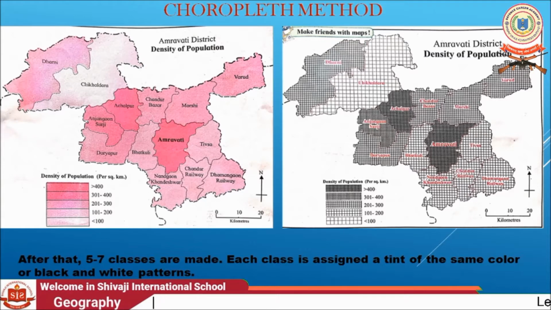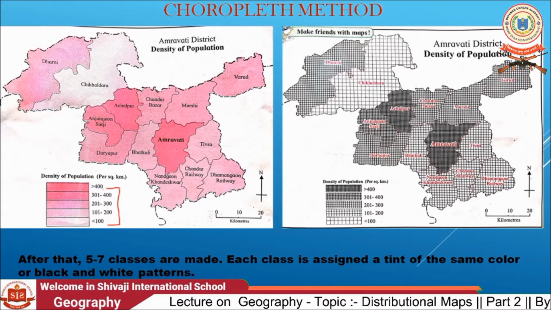Here you can see how many classes: 1, 2, 3 and 4, means 5 classes, less than 100 to above 400. Here we have taken a class interval of 100 and made classes to show the density of population of Amravati district.